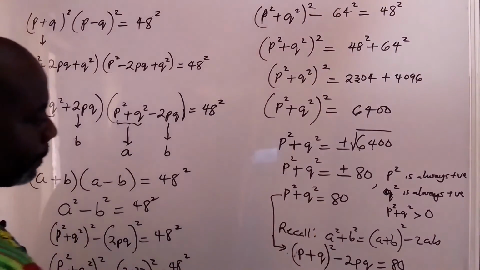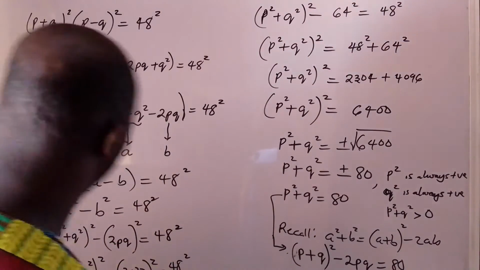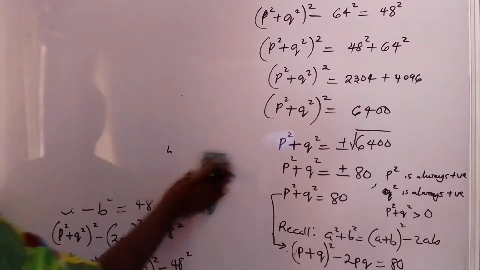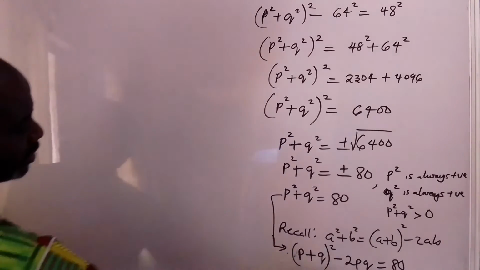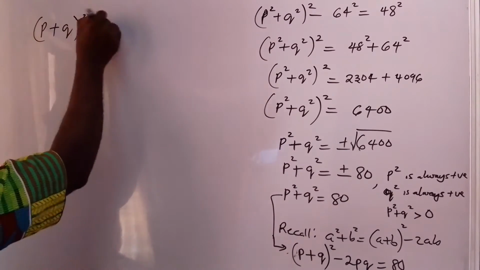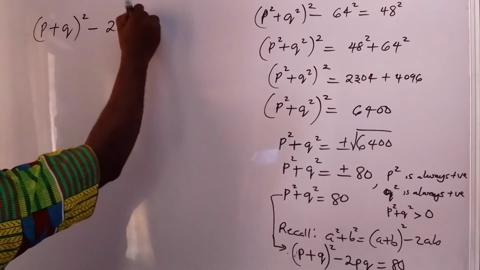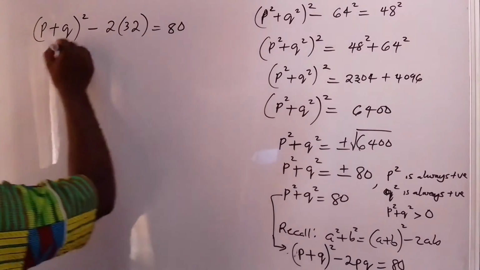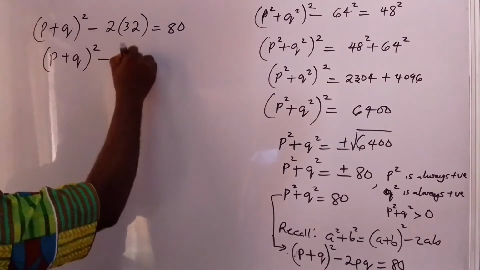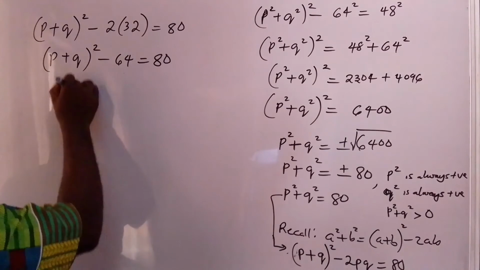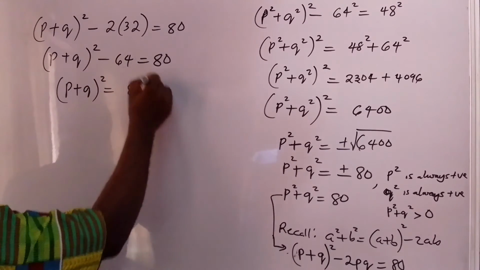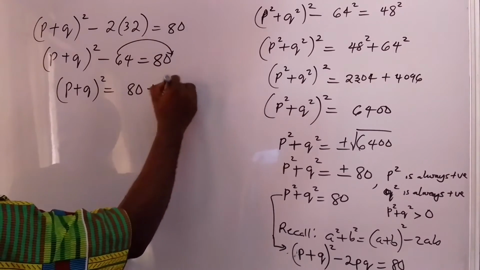And pq is already known as 32. So I have p plus q all squared minus 2 times 32 equal to 80, so p plus q all squared minus 64 equal to 80. So p plus q all squared equals 80, and when 64 comes over, it becomes plus 64.